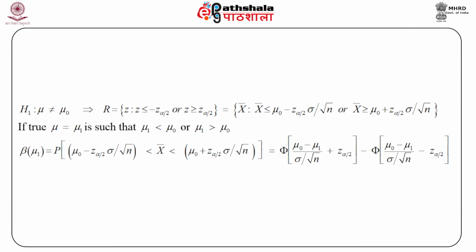And in our third alternative where H1 is μ not equal to μ0, we find that beta(μ1) comes out to be ultimately equal to Φ of (μ0 minus μ1) upon σ by root n plus Zα/2, minus Φ of (μ0 minus μ1) upon σ by root n minus Zα/2. So we have Zα/2 as a positive number, and then in the second expression we have minus Zα/2.